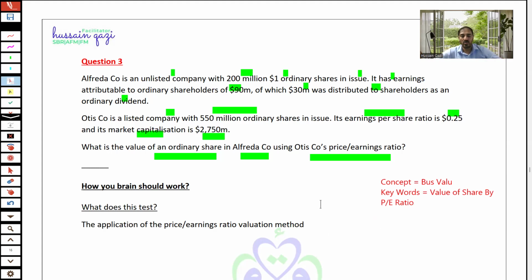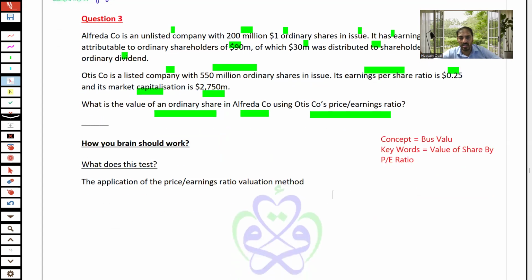So it's very simple. First of all, you need to recall how to calculate the value per share. Value per share is equal to EPS of Elforder company multiplied by PE ratio of Otis company.